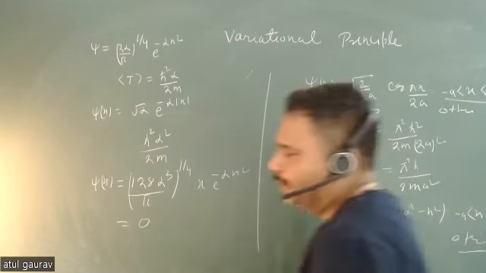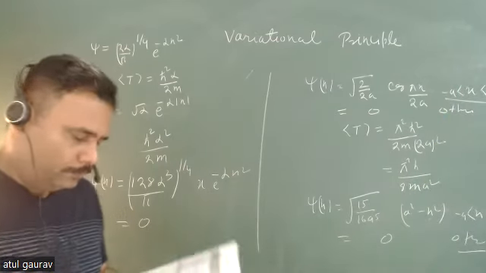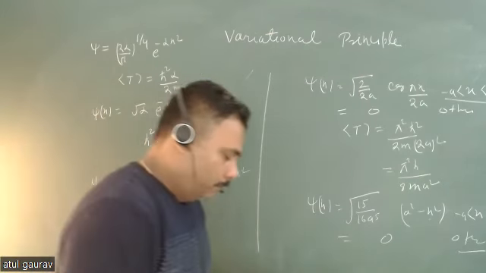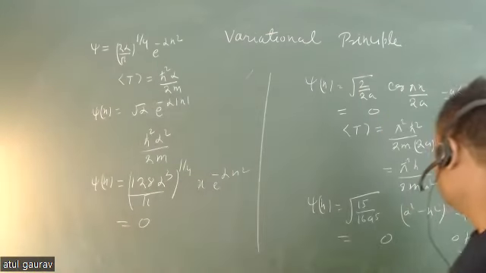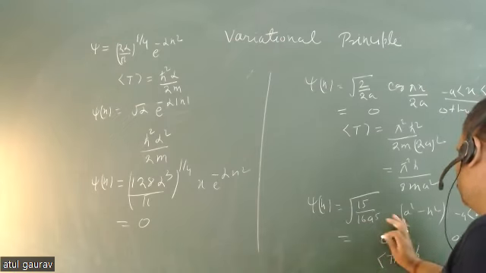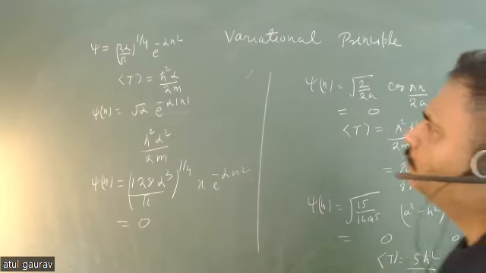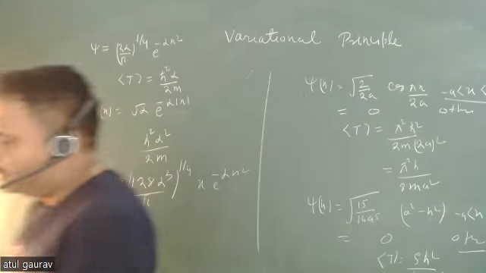What will be the kinetic energy? 5 ħ square by 4 m a square. Very good. So the kinetic energy is equal to 5 ħ square by 4 m a square. So you have to at least remember all this.